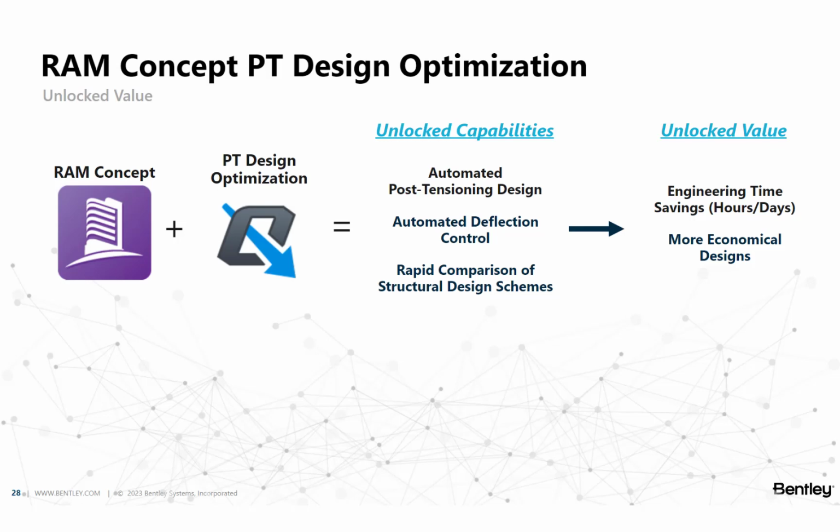Before we close, there was one added capability that I did not cover that I think is worth mentioning. Emery alluded to this in the introduction, and that is the ability to rapidly compare different structural schemes using PT design optimization. So an example of that is you can use the optimizer to quickly complete parametric studies to see how different things like concrete thickness or concrete strengths affect the total cost of the floor.